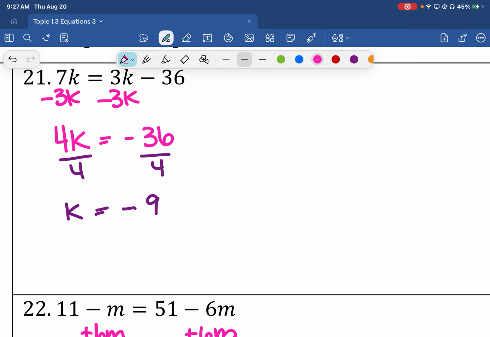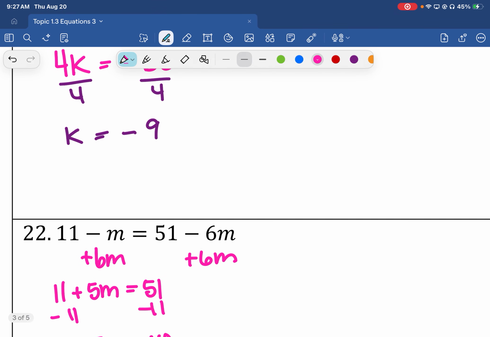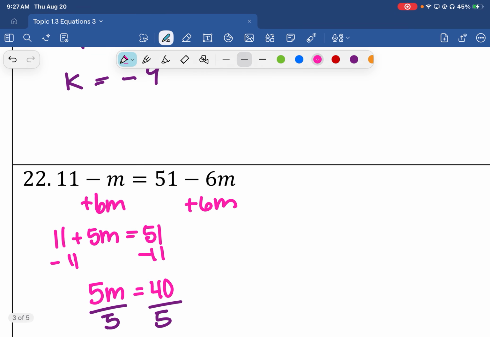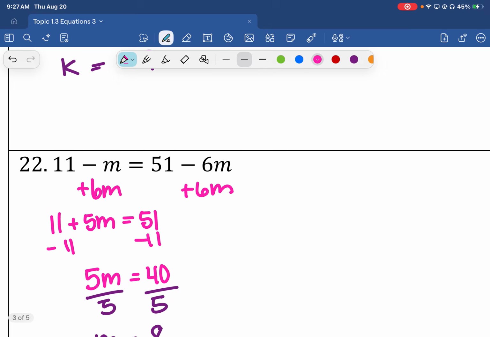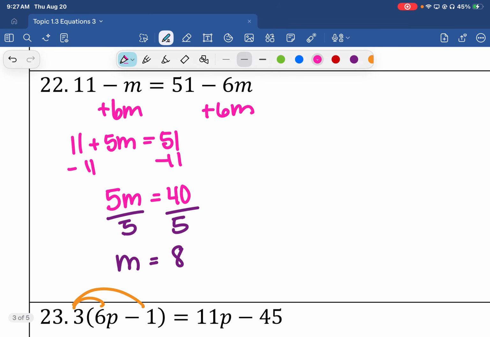I would rather deal with as few negative numbers as possible. So I added 6m to both sides. Once I did that, I got 11m plus 5m equals 51. I subtracted 11 on both sides, and I got 5m equals 40. Divide both sides by 5. M is 8.